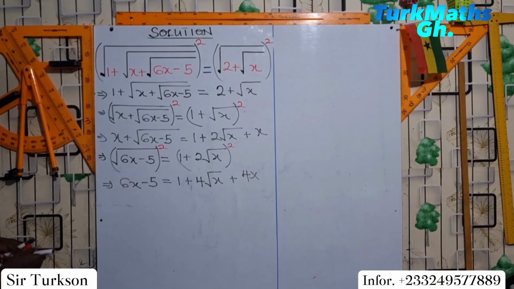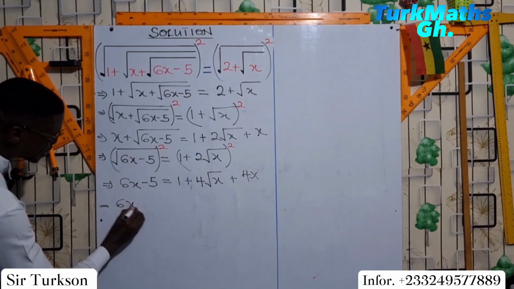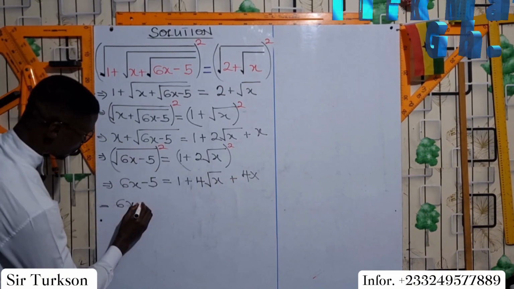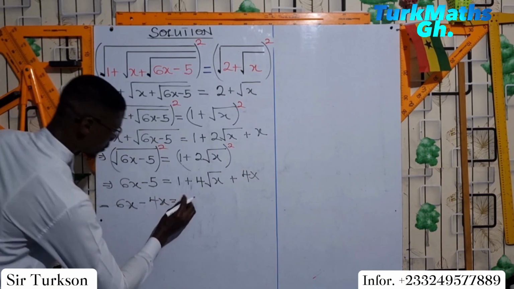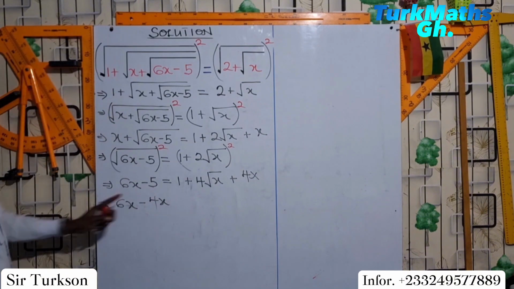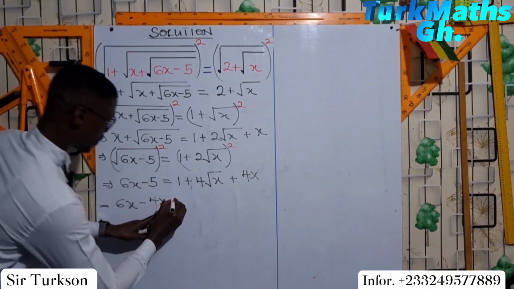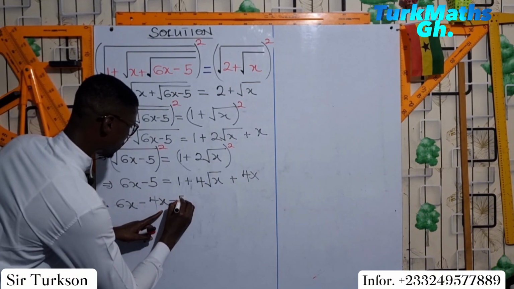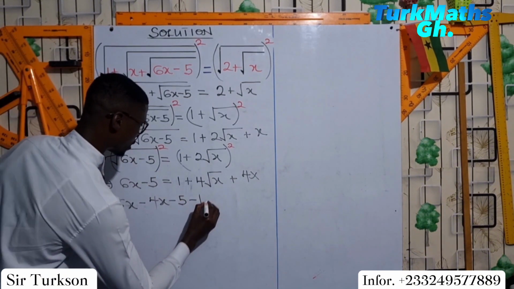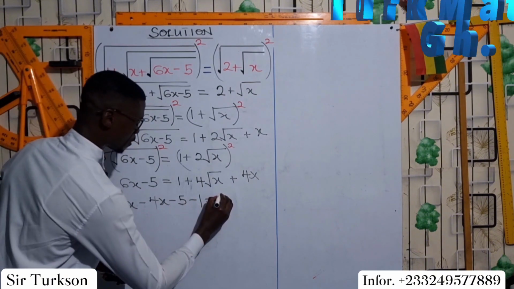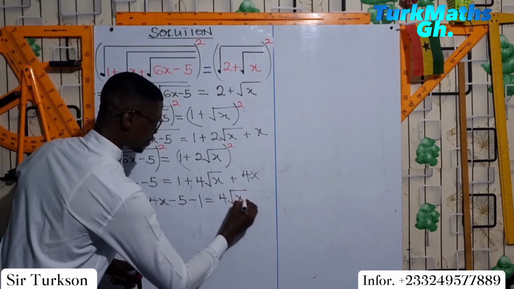To group the terms here, we are going to have 6x minus 4x minus 5 minus 1 equals to 4 root x.